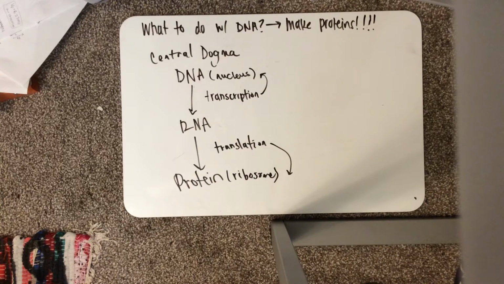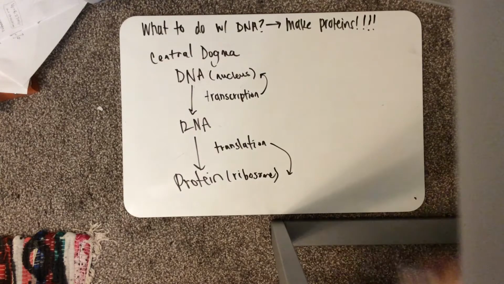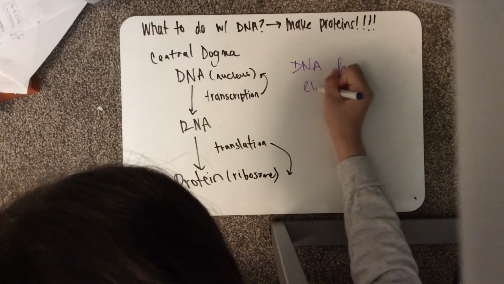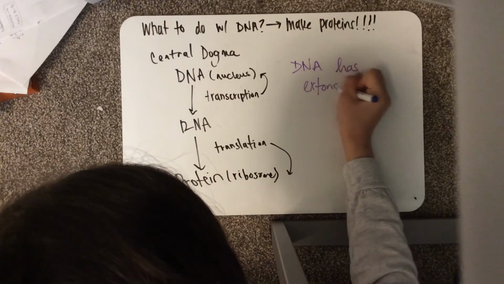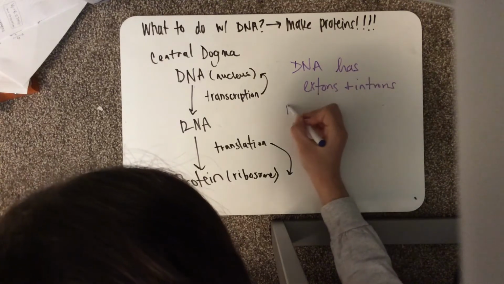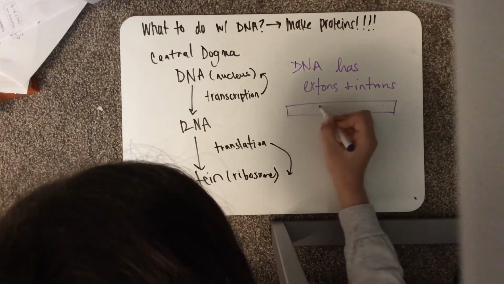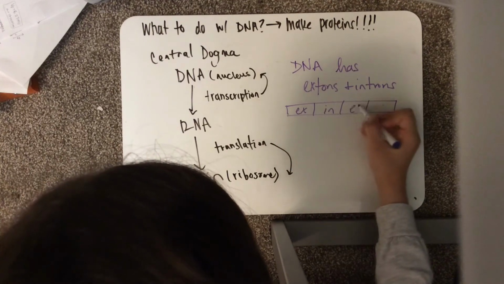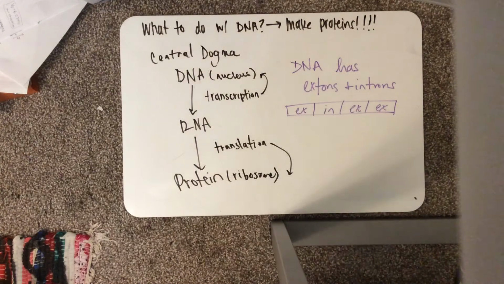Another thing to note is that DNA has exons, I don't think I spelled that right, and introns. So if this is our DNA strand, maybe here's a piece that's an exon, here's an exon, maybe another exon or something like that.